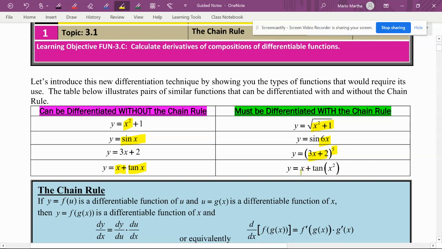And then lastly, we have x plus the tangent of x, squared. So what do you notice here? What are the differences between the ones that need and don't need the use of the chain rule? What do you notice? So pretty much where you need it is where you have what we call composite functions, when you have a function inside another function.